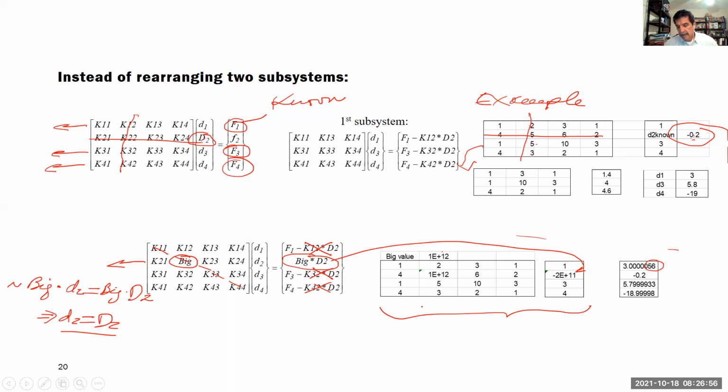So what we do is we apply, I think it was, Gauss reduction and back substitution. This is what we used.